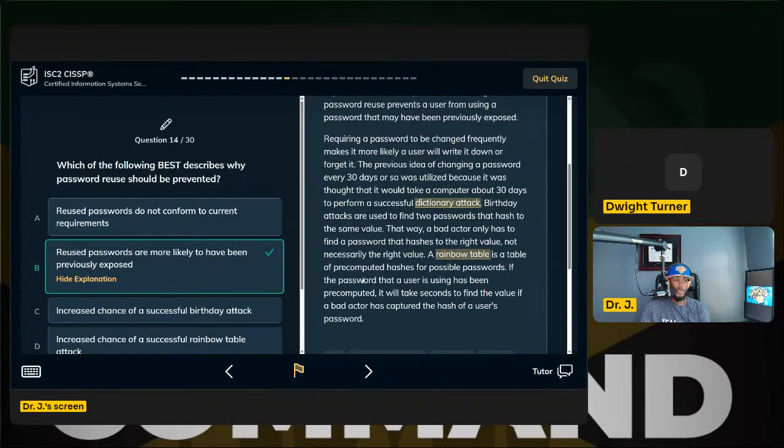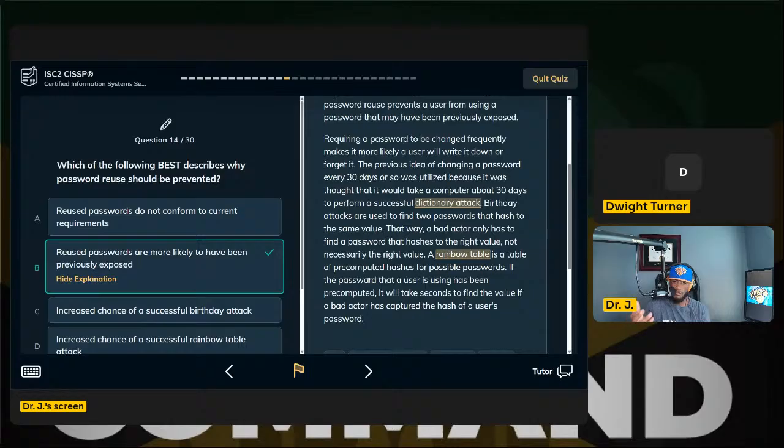When we talk about a dictionary attack, the previous idea of changing passwords every 30 days or so was utilized because it was thought that it would take a computer about 30 days to perform a successful dictionary attack. Birthday attacks are used to find two passwords that hash to the same value.